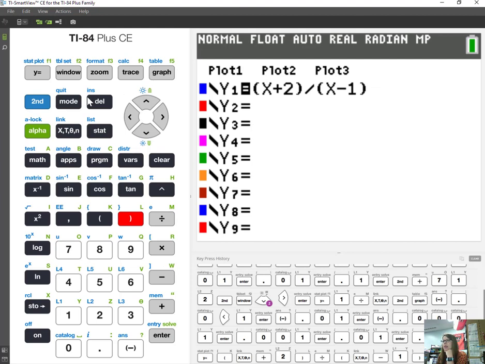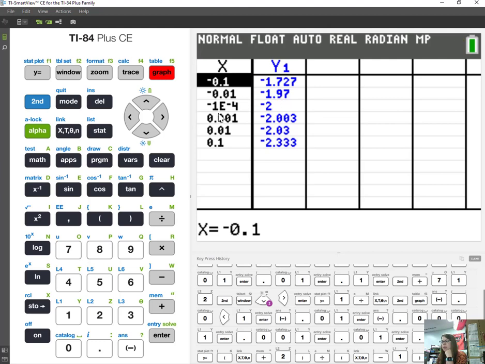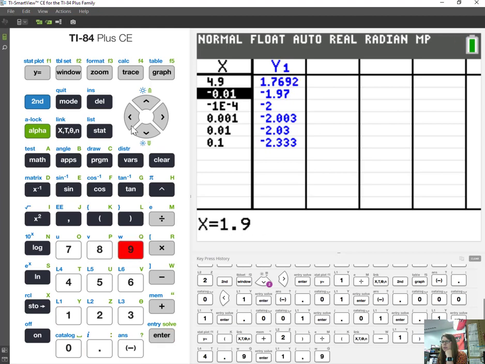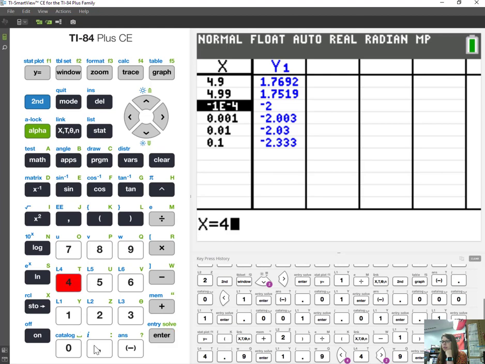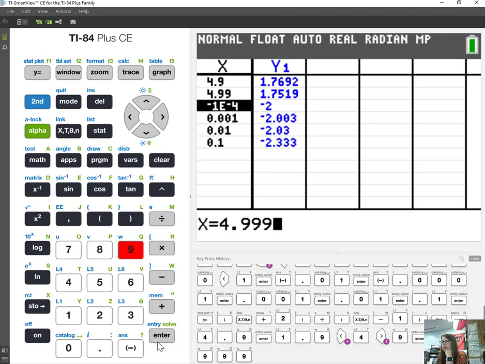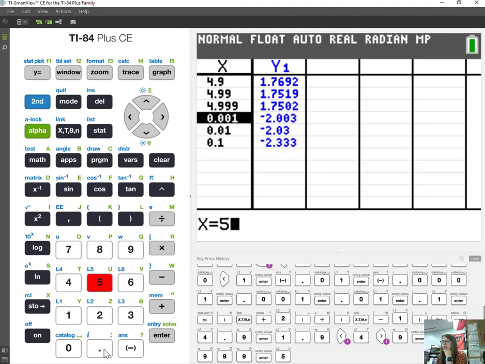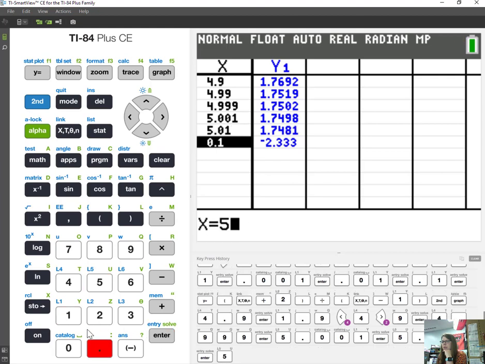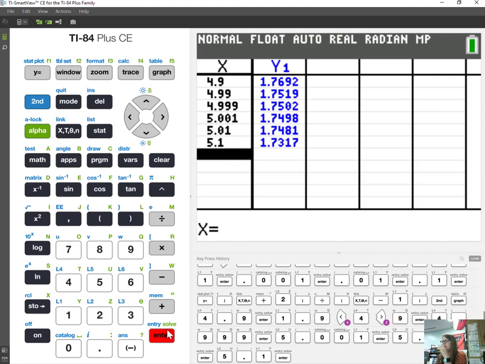Okay, and then we want to go to our table. So second graph, we'll open up the table, but I don't want these values anymore. I want 4.9 there, 4.99, enter, and 4.999, 5.001, 5.01, and 5.1.